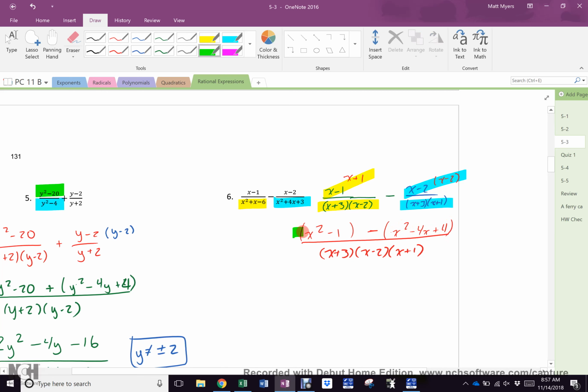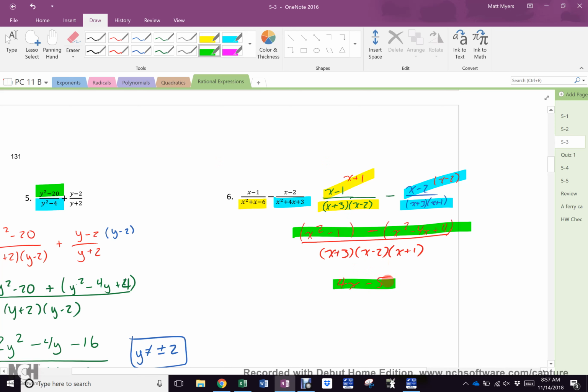What should I do there? If I were in grade 9 and not worrying about the bottom, what would I do there? Put it together by collecting my like terms. What's x squared minus x squared? Gone. What's negative 1 minus minus 4? Positive 4x. I can't put negative 1 with 4x, right? So it's positive 4x. And what's negative 1 minus positive 4? Negative 5. That and that are all the same thing.